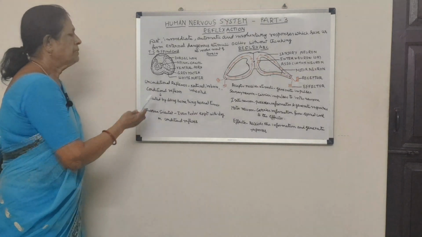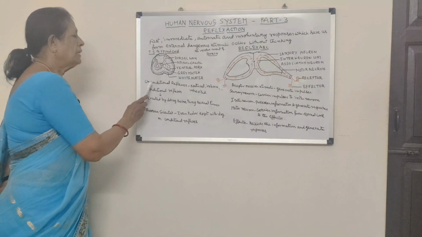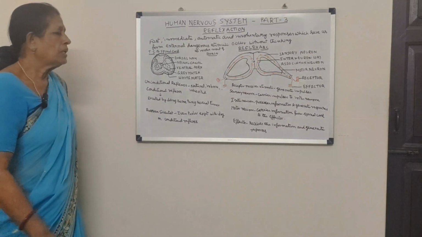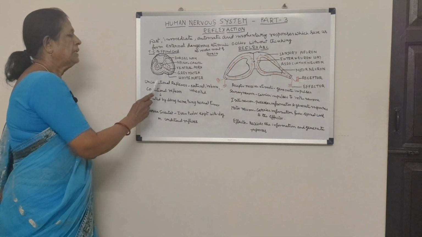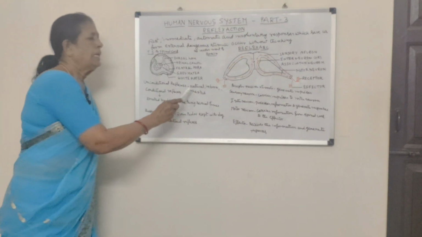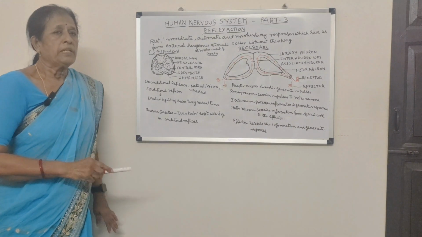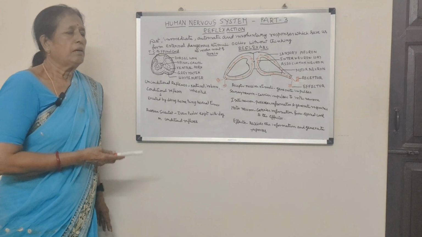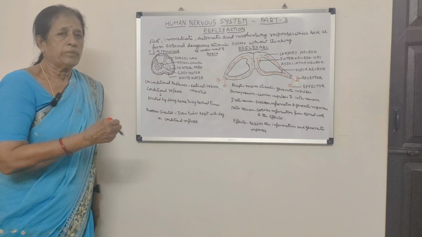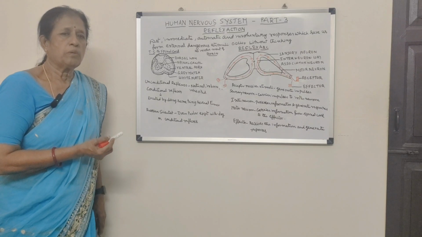Now, there are two different types of reflex actions: unconditional reflex actions and conditional reflex actions. What are unconditional reflex actions? Unconditional reflex actions are natural, inborn, inherited. Nobody needs to teach them. They are executed the same way in all living organisms. If sudden intense light falls on our eyes, we close our eyes.